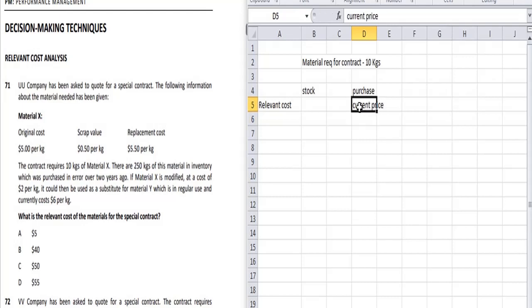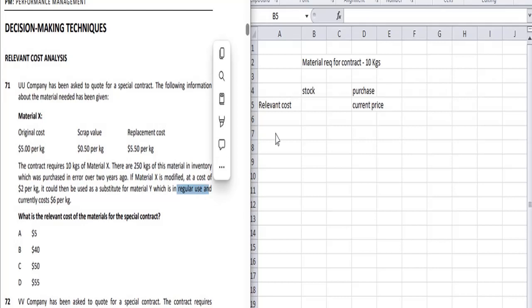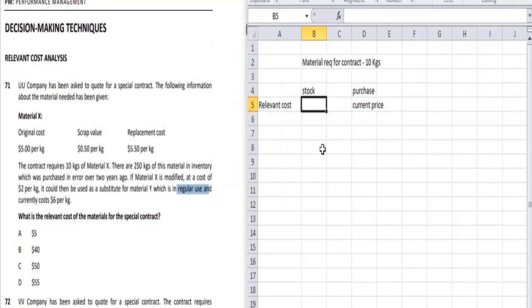Now if it is already available in the stock, again two scenarios are formed. The first is whether it is in regular use or not. In our scenario it is in regular use, no doubt. So in that case our relevant cost will be the current market price or current cost, whichever has been given in the question. But in some cases it is not in regular use, then we have to find out its alternative use.